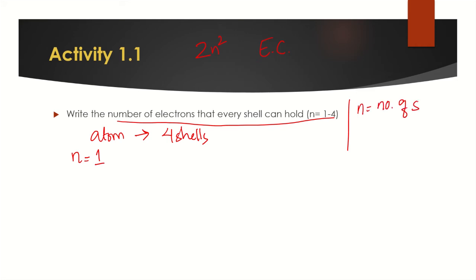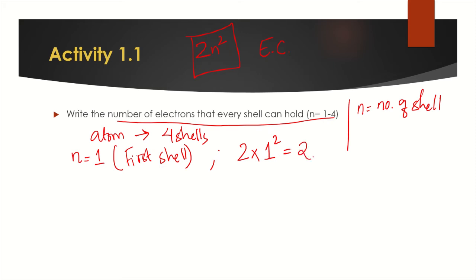N is the number of shell. So if n is 1, that means we are considering the first shell of an atom. By following the 2n square rule, we write 2 into 1 square. 1 square is 1, times 2 is 2. So the first shell can only hold 2 electrons.